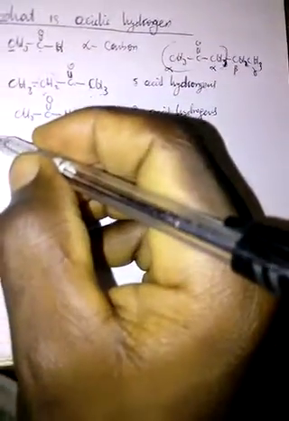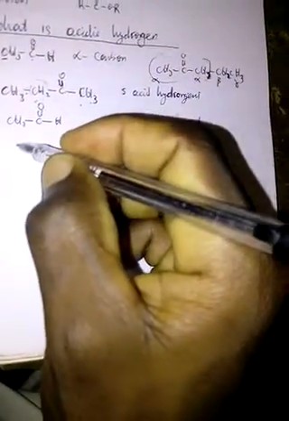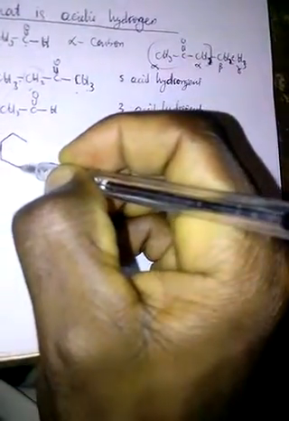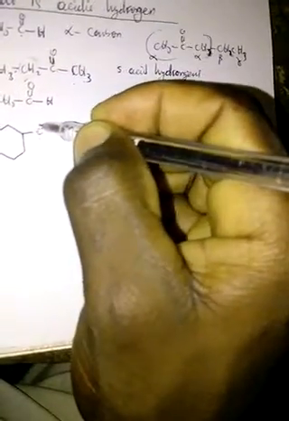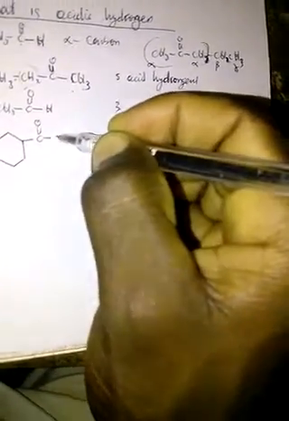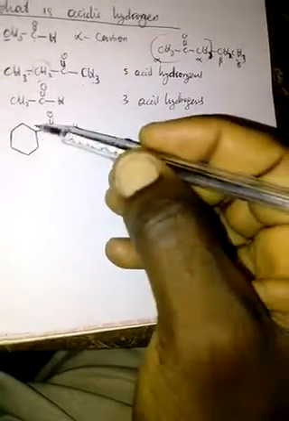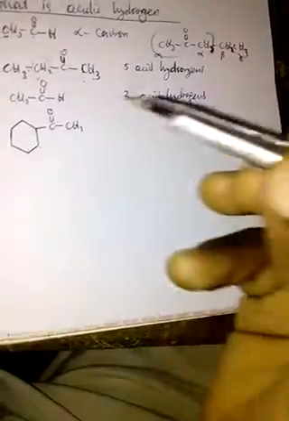Number 3, let me use this as an example. This is cyclohexane. 1, 2, 3, 4, 5, 6.